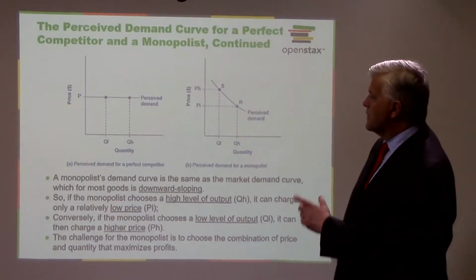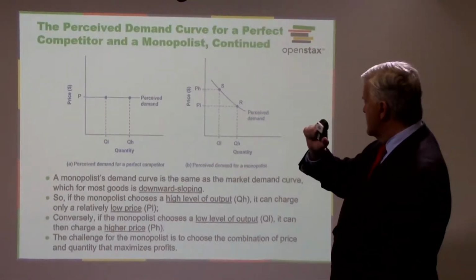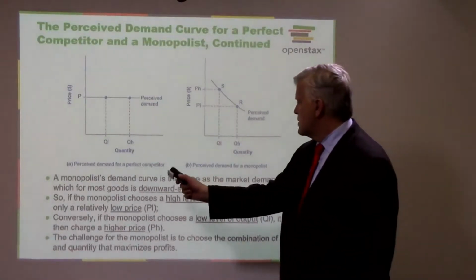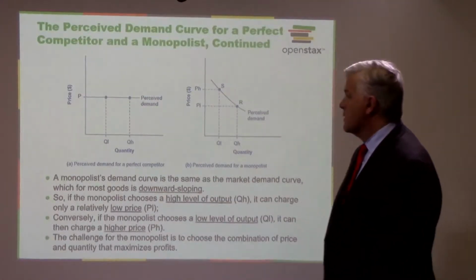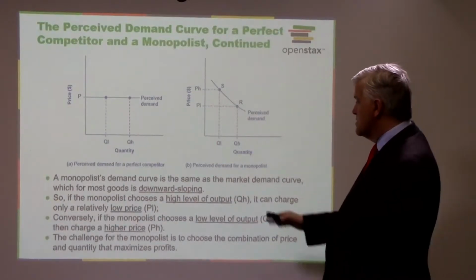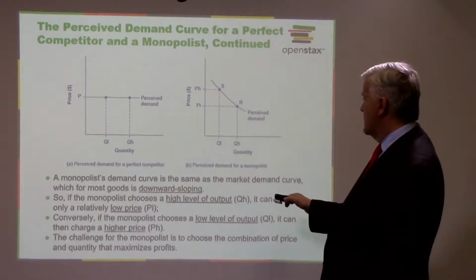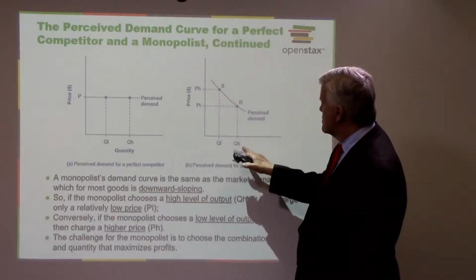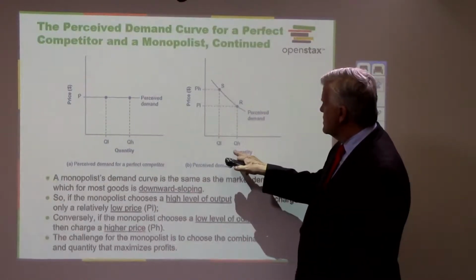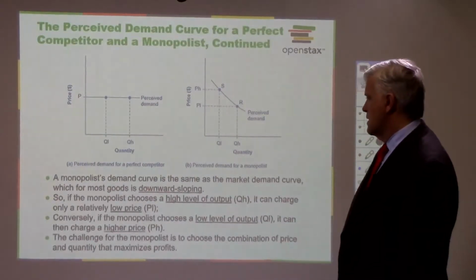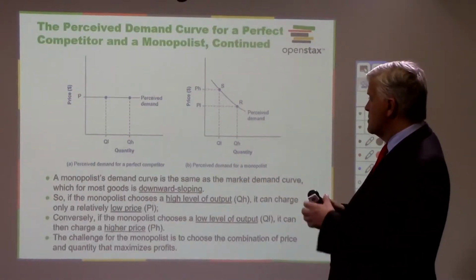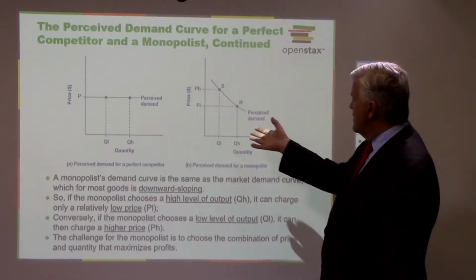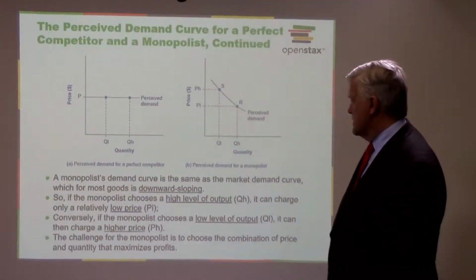All right, so first, a monopolist's demand curve is really the same as the market demand curve, as I just mentioned, for most goods, and that is it's downward sloping. So if the monopolist chooses a very high level of output, it can charge only a very low price. In other words, if it wants to sell this quantity, it can do so, but at this lower price. Conversely, if the monopolist chooses a very low level of output, it can do that too, but of course it's going to have to charge a higher price, right?